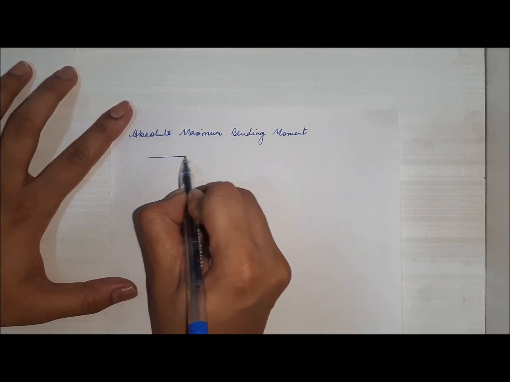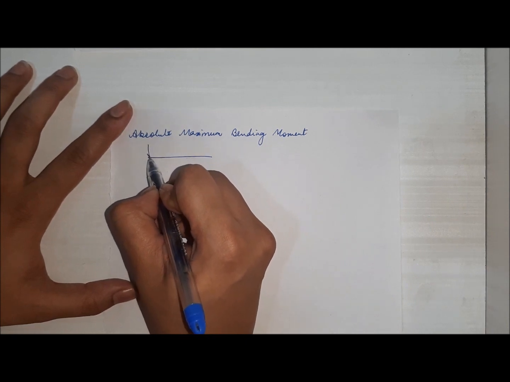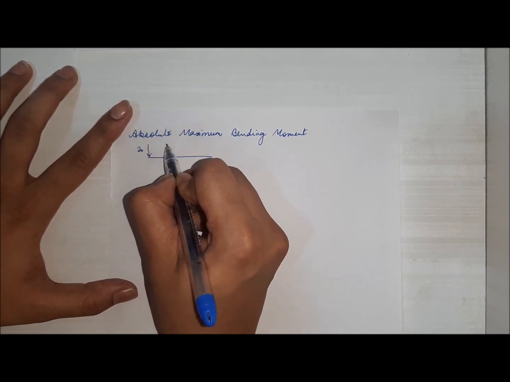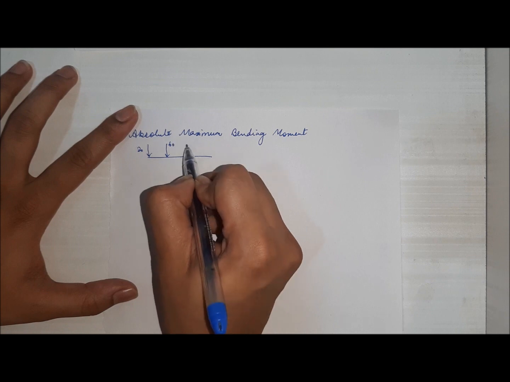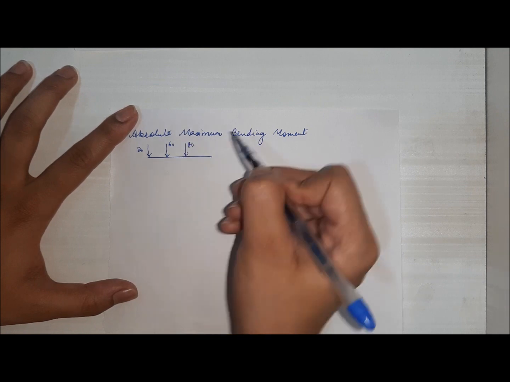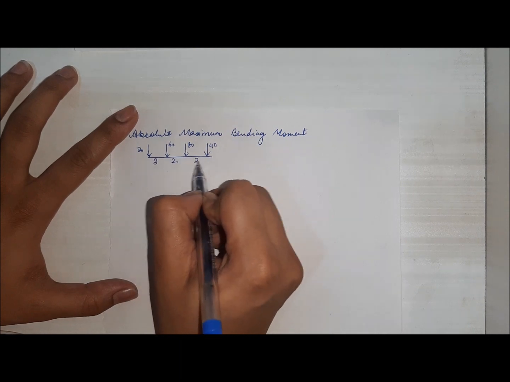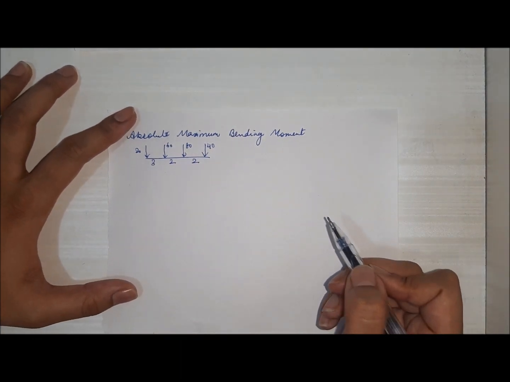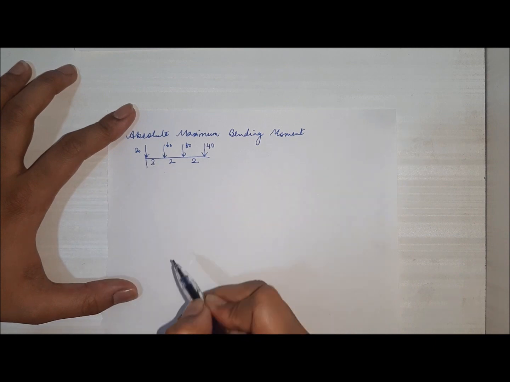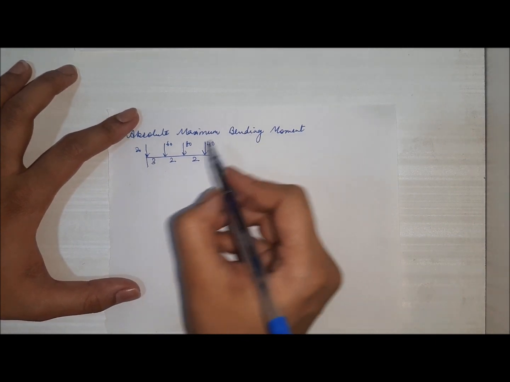To find out the centroid, let us consider this as the chain: 20, then this is 60, then this is 80, and the last load is 40. Dimensions are 3, 2 and 2. We will calculate the centroid from the 20 kilonewton load.